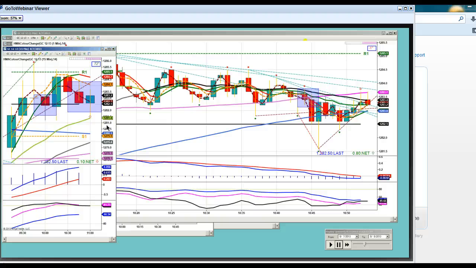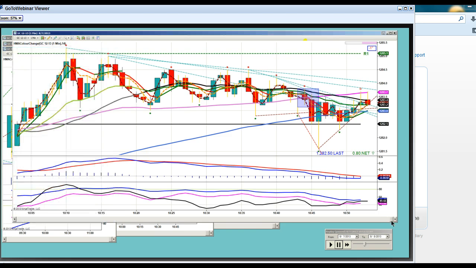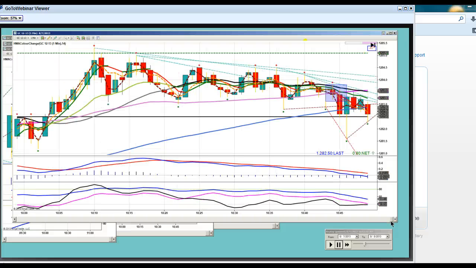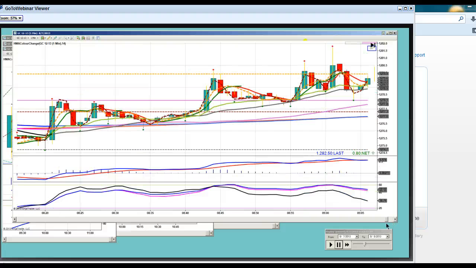So let me just show you apples to apples. This technical setup here is very different from this setup here, where it's crossing the 50.